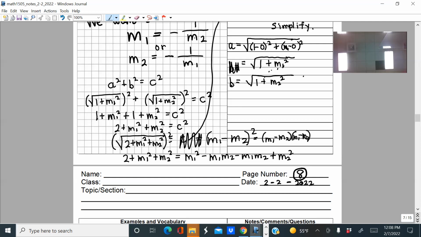Wow, this is quite nice because look, this cancels, right? This cancels and this cancels because you have them on both sides of the equation. So I get just this. 2 is equal to minus 2 times M1 times M2.